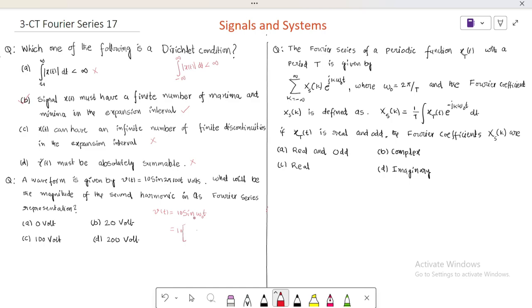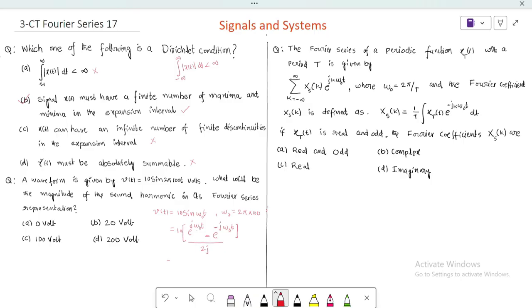Writing this sine signal in exponential form: sine theta equals e power j theta minus e power minus j theta, divided by 2j (for cos it will be plus). So v of t equals 10 times (e power j omega naught t minus e power minus j omega naught t) by 2j, where omega naught equals 2 pi into 100.